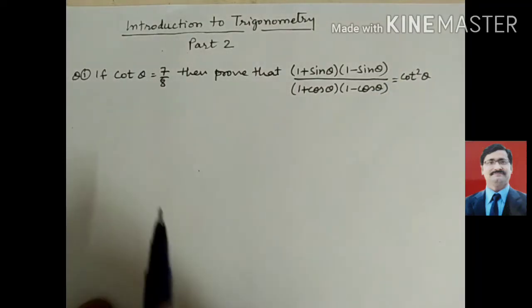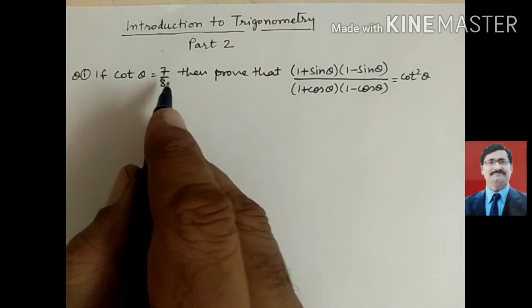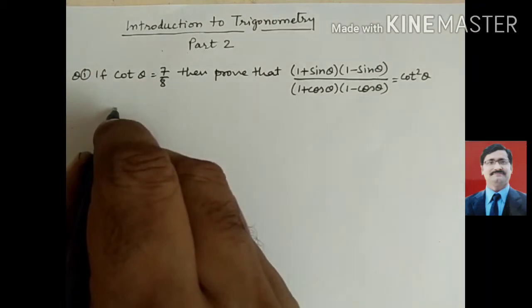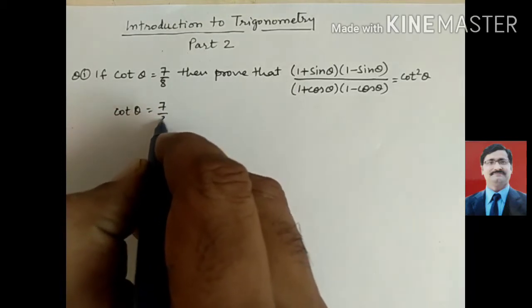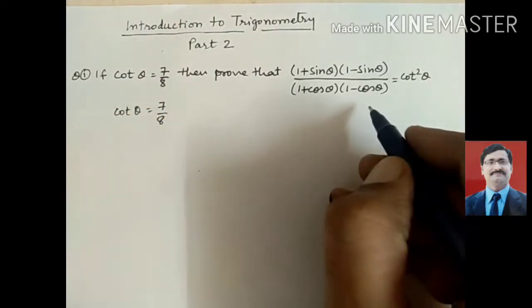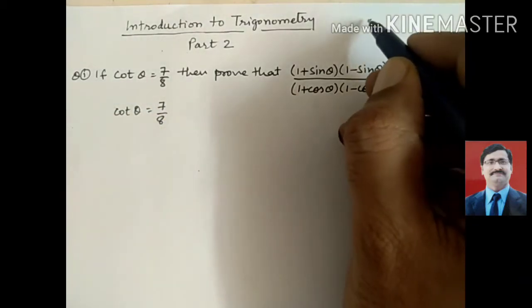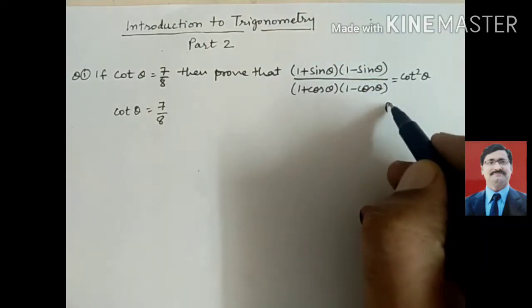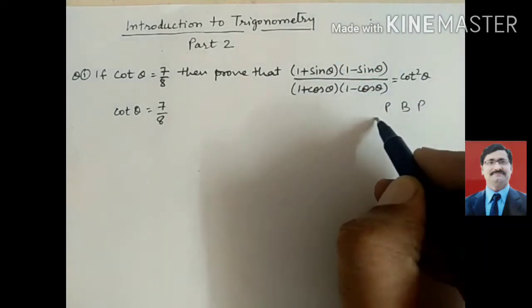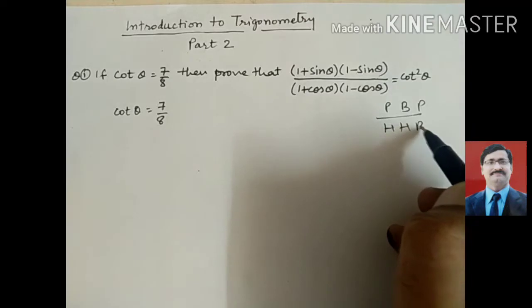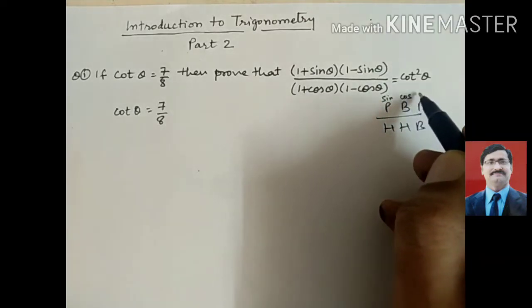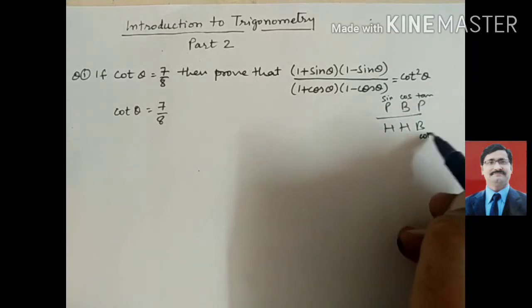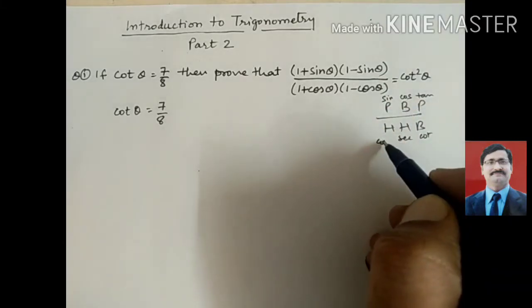How can we do it? Look here, cot theta is given as 7 by 8, so we write cot theta equals 7 by 8. Now we know this formula: sin theta, cos theta, tan theta, cot theta, sec theta and cosec theta.